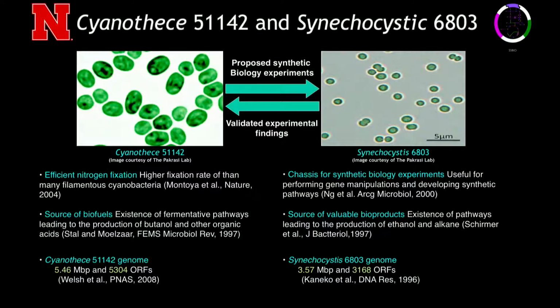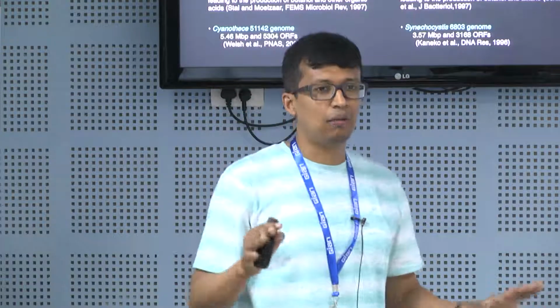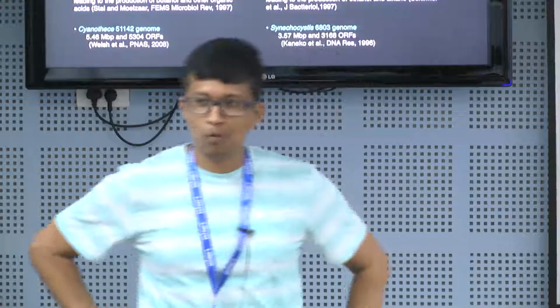Can you take a guess why that's the case? Let's talk about it: if you are hacking a molecular machinery from one organism to the other, even though they are closely related, what could go wrong? Why do you think you may not get the desired property?